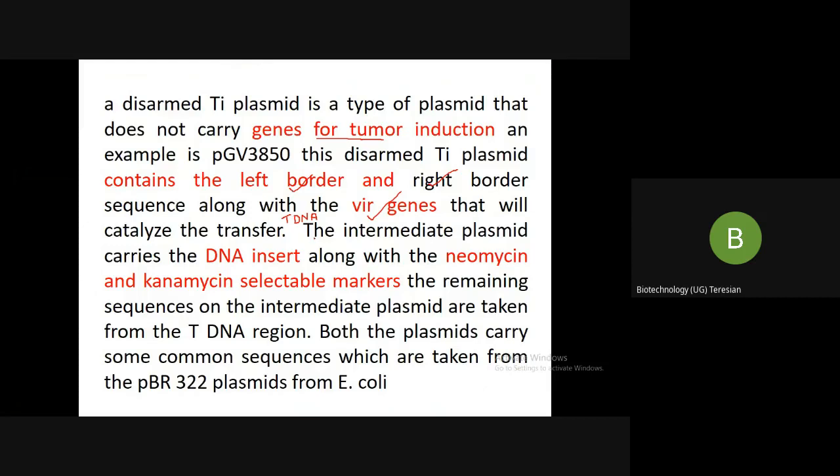The other one we spoke about was the intermediate plasmid. This carries the DNA insert, that is the gene of our interest, the desired gene which we want to transfer into our recipient plant, along with the neomycin and kanamycin selectable markers.